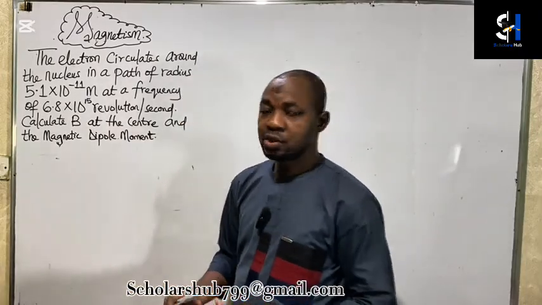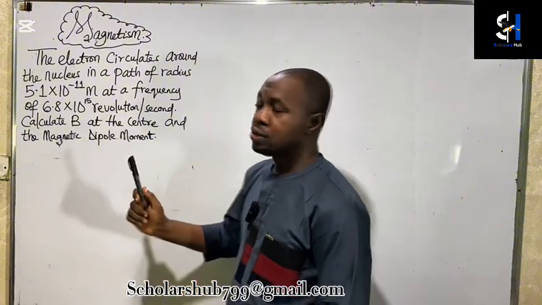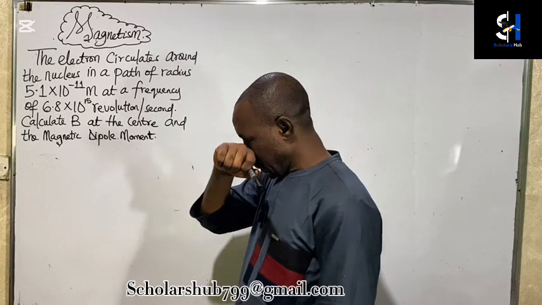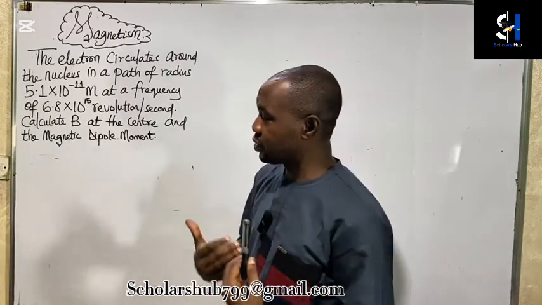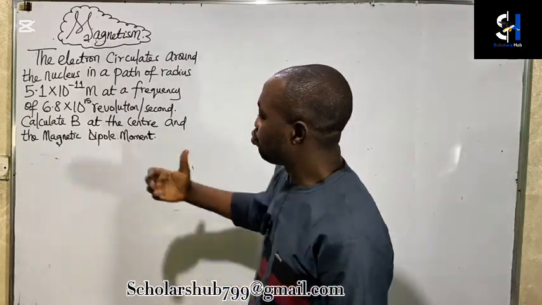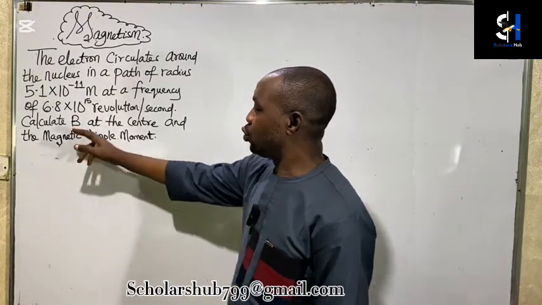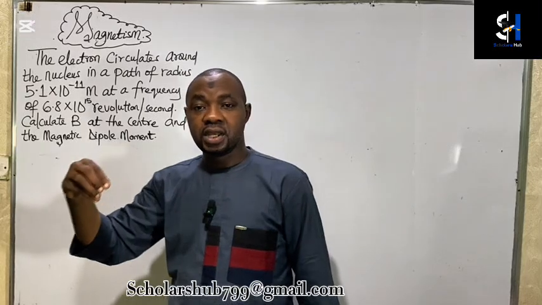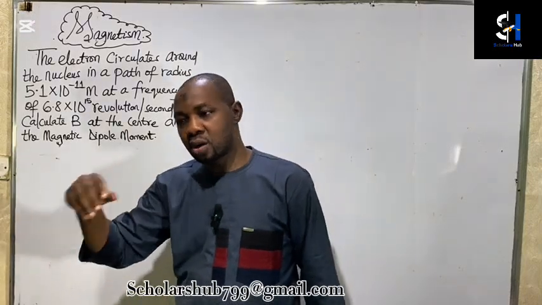Alright, in today's session, we'll be looking at how to demystify this magnetism question. The challenge I was given was to prove the equation for the magnitude of the magnetic field in a circular coil.